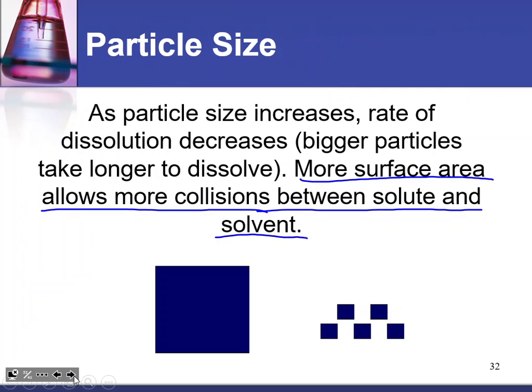So keep that in mind. Bigger particles, just the outer parts of a bigger substance is going to be the one that's mixing with the solvent, so it's going to take longer. And we don't want to wait that long usually when we're making solutions.